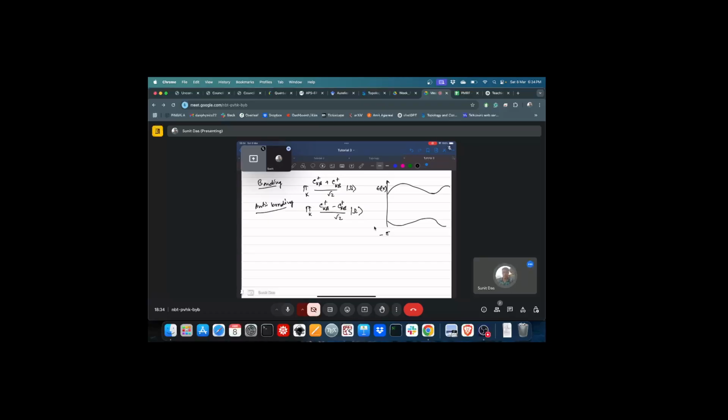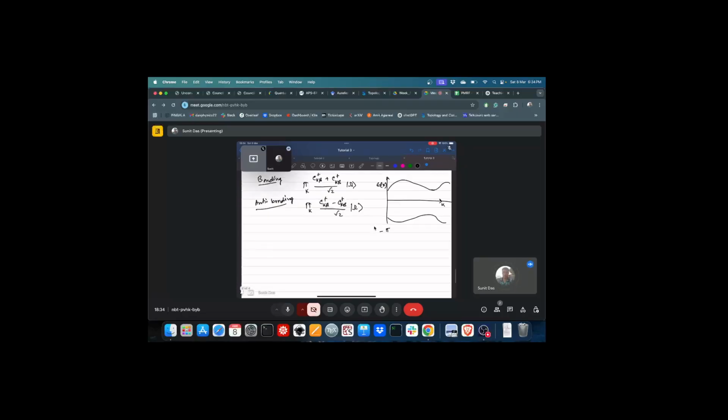This is minus pi on the k axis, and this is plus pi. So the ground state is still given by this bonding state. Nothing changed apart from epsilon_0 being a function of k.